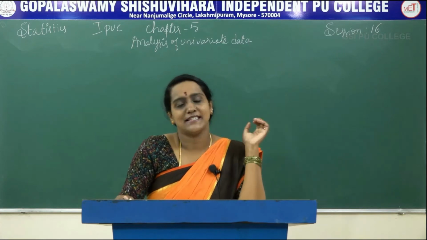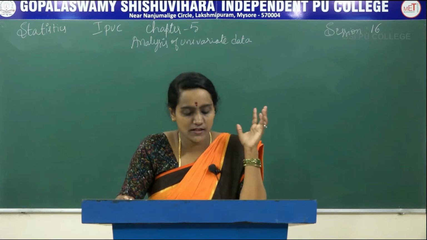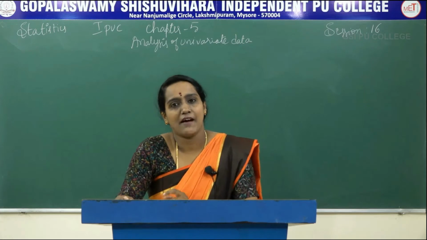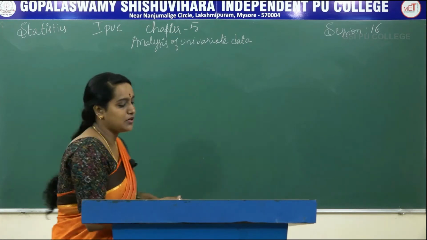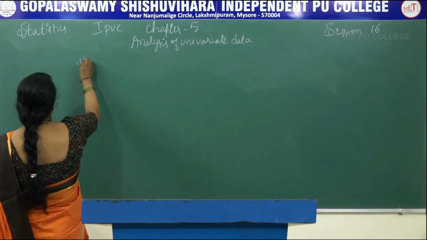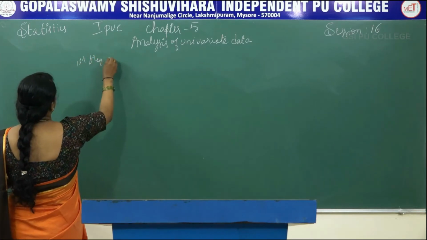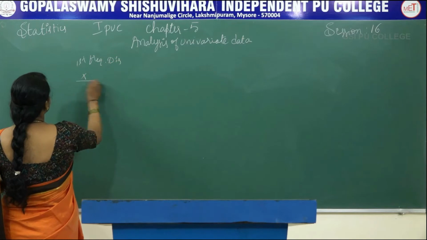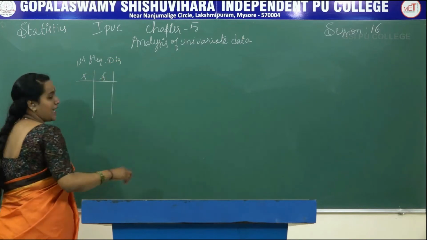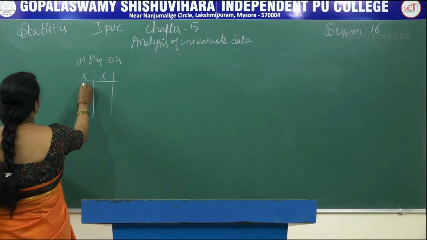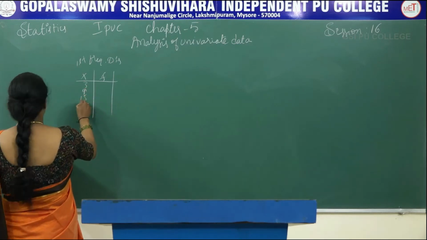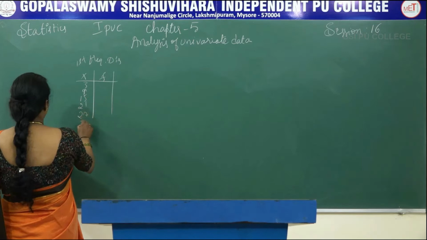For example, if we have two frequency distributions, let me write the frequency distribution. This is the first frequency distribution, X and F. X values are 3, 9, 15, 21, 27, 33.